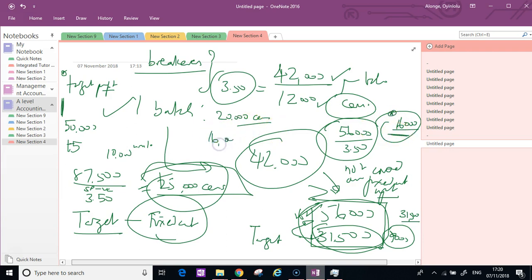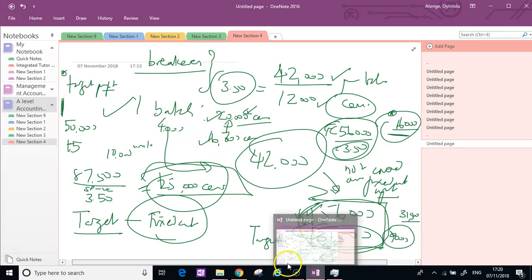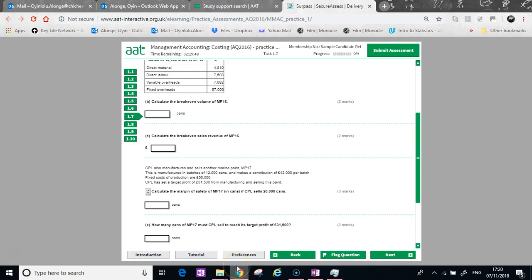So the margin of safety is the difference between 20,000 cans and 16,000 cans. Your margin of safety is what you actually sell less your break-even. And remember, your break-even is the fixed cost divided by the contribution per can. So we have 4,000 cans as our margin of safety.